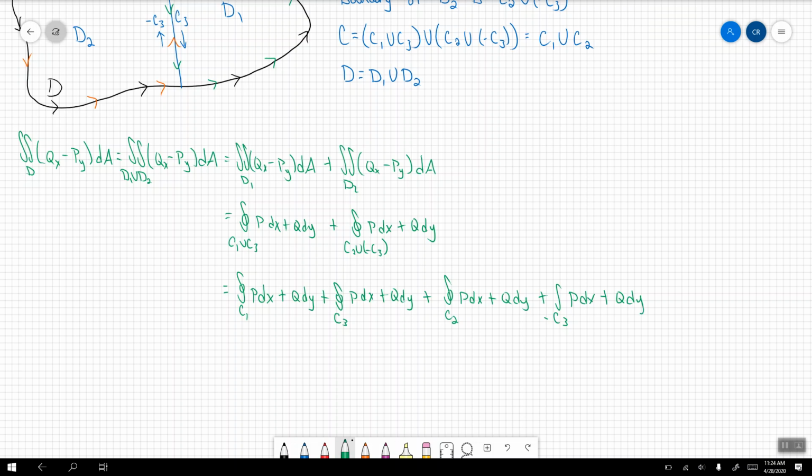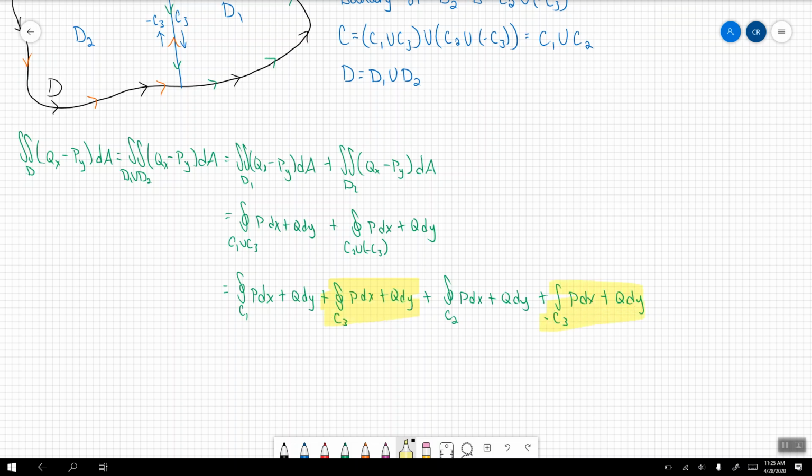Now, check out what happens here. What do we know about these two integrals here and here? We should know that those two integrals are negatives of one another.